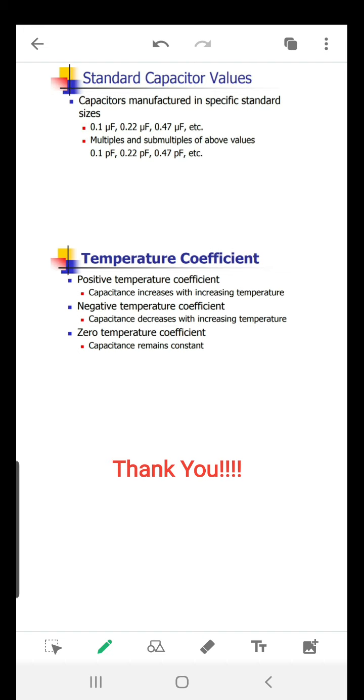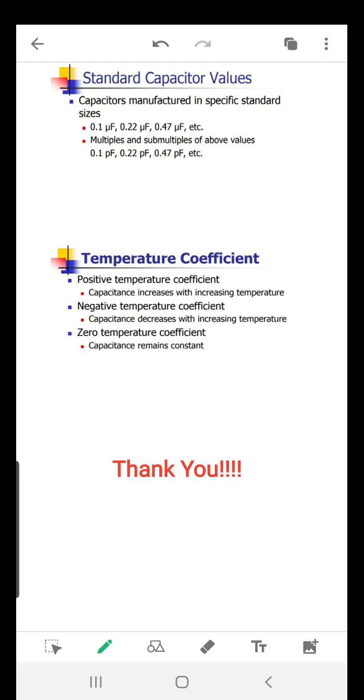When it is a negative temperature coefficient, the capacitance decreases with increasing temperature. That means if the temperature in the circuit increases, then the capacitance value will decrease. And what is positive temperature coefficient? It is exactly opposite.